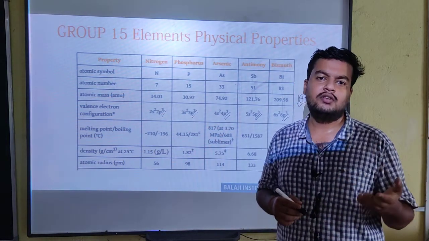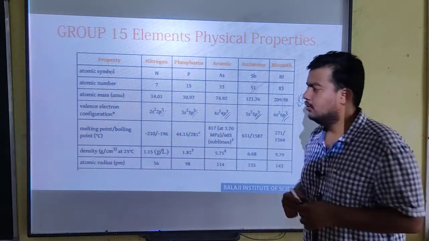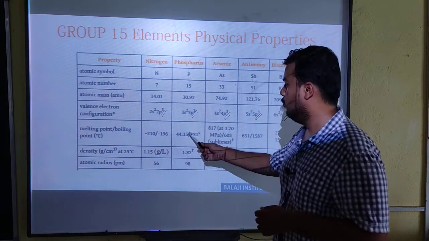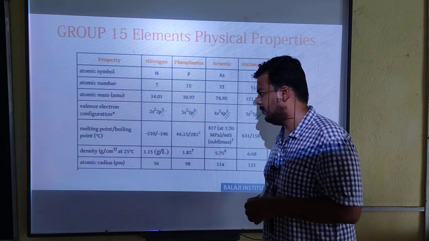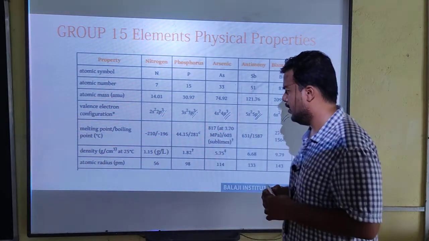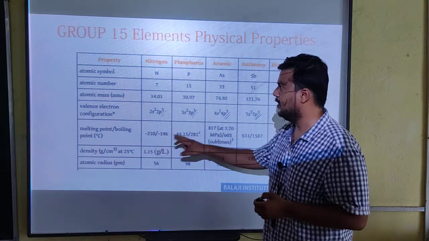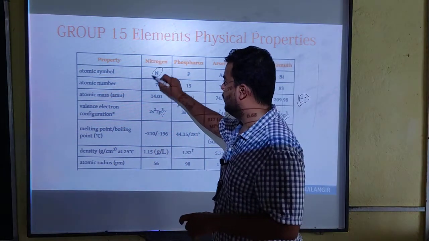It is more stable in the gaseous form. So the melting point for nitrogen is very low. For phosphorus it is 44.15. This is also low but significantly greater than nitrogen. So you can see clearly nitrogen is a very special element.